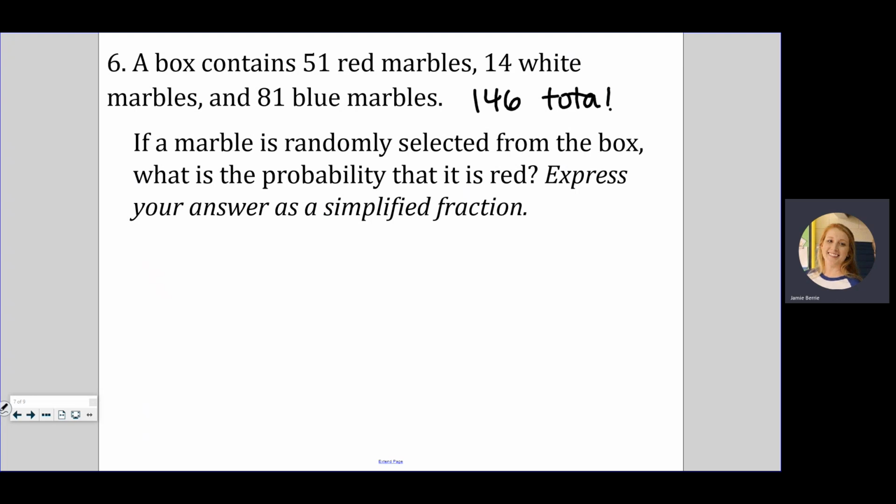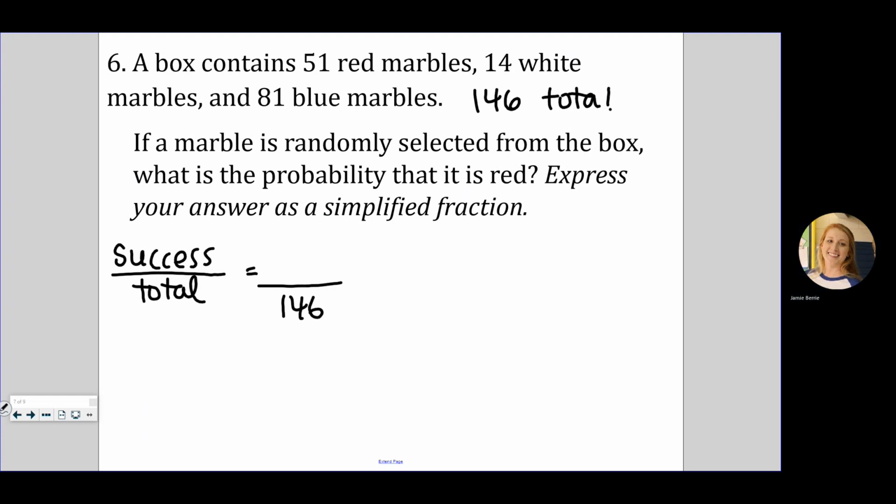All right, so success over total. Total we said was 146. What's my successes? 51, because that's the number of red marbles. Now we need to check and see if that simplifies. I don't think it does. No, it doesn't.